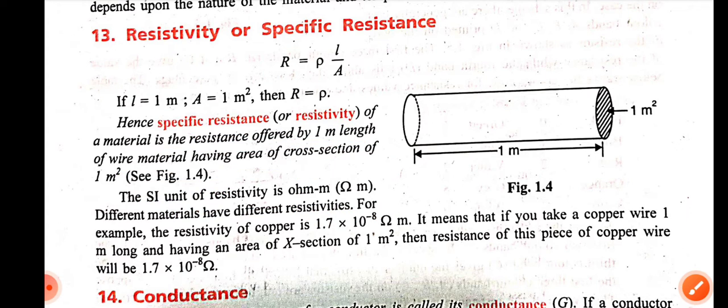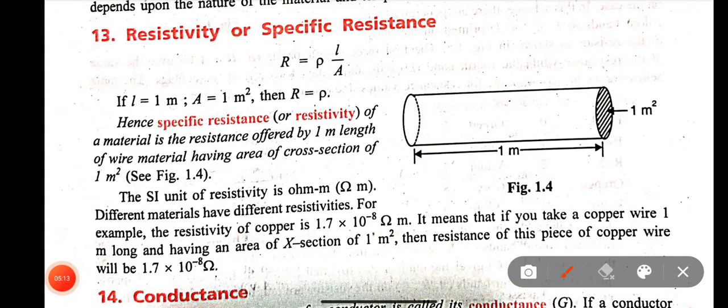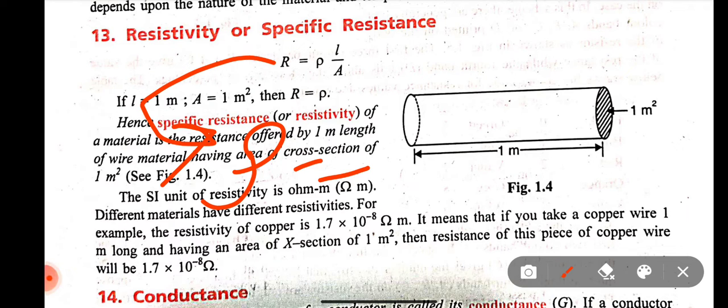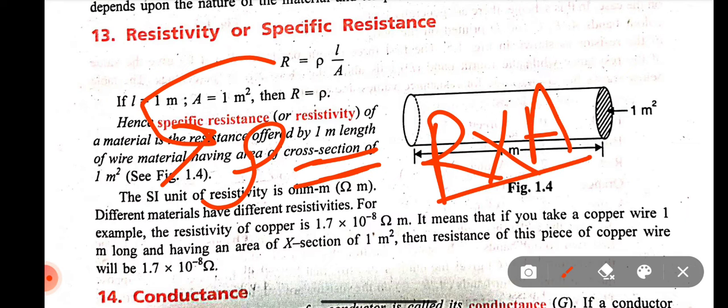How ohm meter? Because resistivity is rho, and if we solve this equation, we get rho equals R A by L, right?